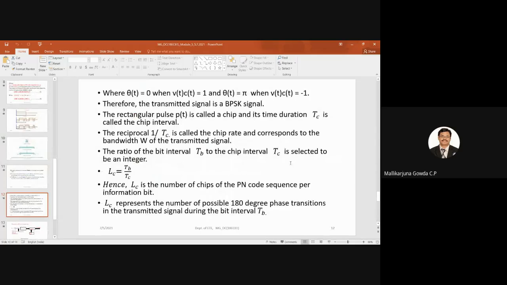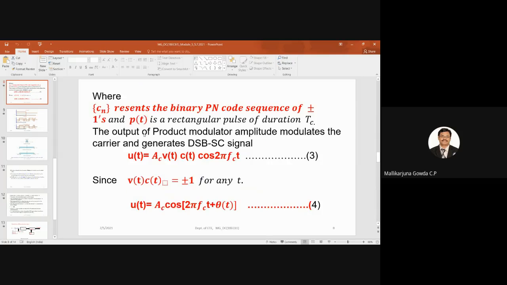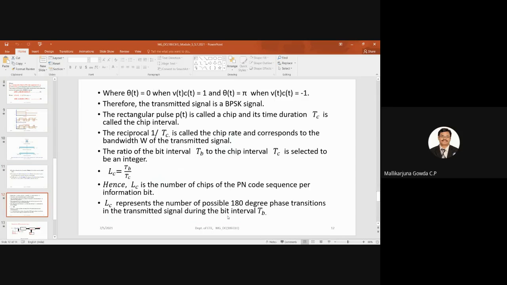Yes, I was telling about this now. When theta of t is equal to 0, with respect to this equation, I can express the output of the modulator as A_c cosine of 2 pi f_c t plus theta of t, right? This theta of t will be 0 when v of t into c of t is equal to 1, and theta of t will be equal to pi when v of t c of t is minus 1. v of t c of t will be plus 1 when both the information bit and the pseudo noise sequence are positive or both are negative, then only their product will be positive, right?